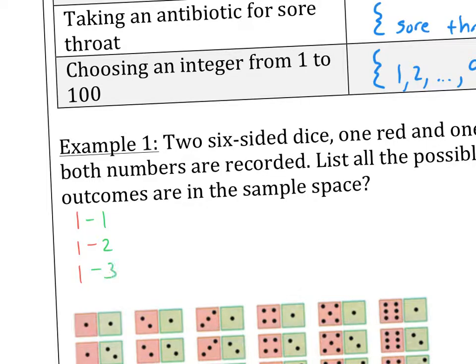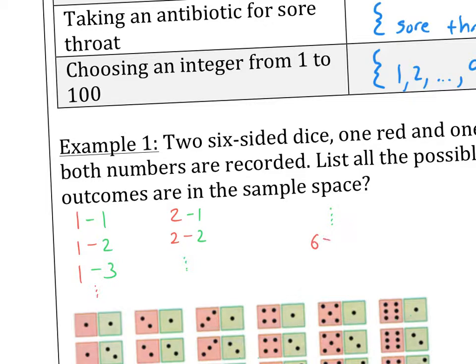A 1, 3. Well, notice that this list is going to get quite large because I have to keep going down the list of ones. When I'm done with that, I have to go to the list of 2s, like so. Then 2, 2, etc. And in the end, what do we get?